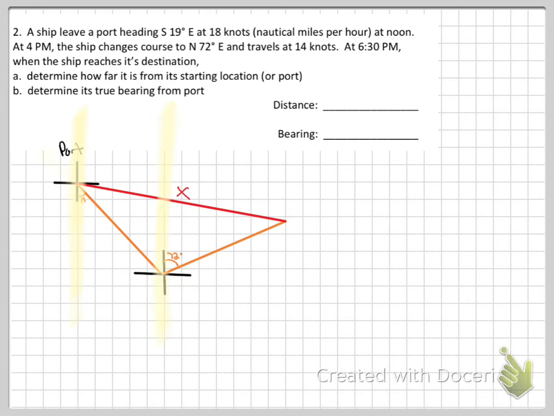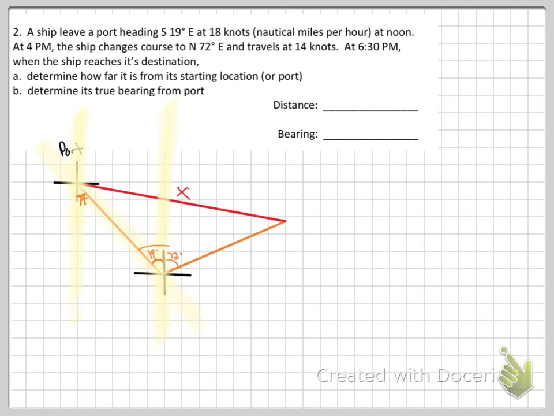And then this orange line is a transversal going through two parallel lines. So if you know this angle was 19 degrees, alternate interior puts this angle being 19 degrees as well. So you're going to need to remember some of your angle properties.